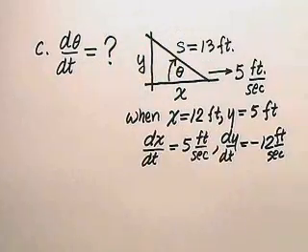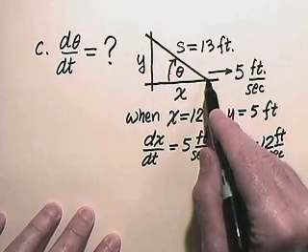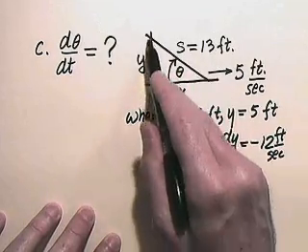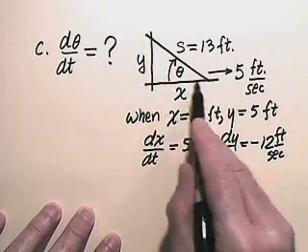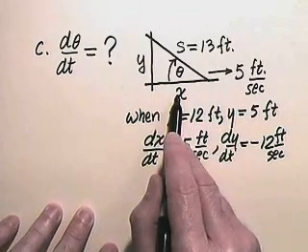Now let's look at the last part of our problem. We want to find the rate of change of the angle that the ladder makes with the ground. So here in our little sketch, here's the ladder leaning against the wall. Its length is s equals 13 feet. The vertical distance of the top of the ladder from the ground is y, and the horizontal distance of the base of the ladder from the base of the wall is x.